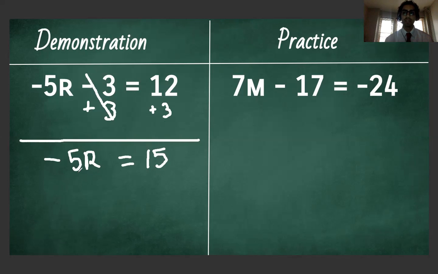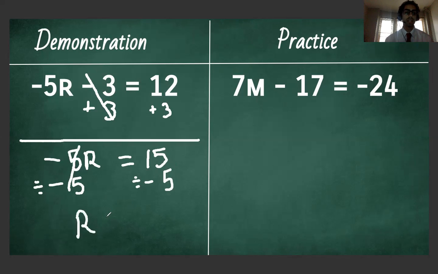Yeah, I use the inverse operation, so it's either going to be multiplication or division. In this case, what would it be? Division. So I'm going to go ahead and divide this side by negative 5 and divide this side by negative 5, which cancels out these negative 5s, I apologize.